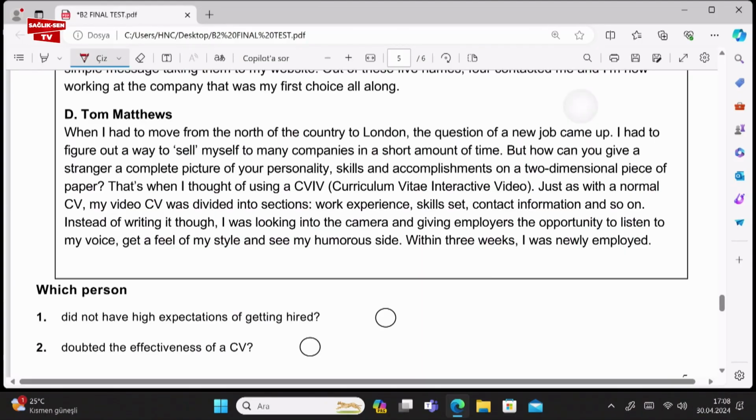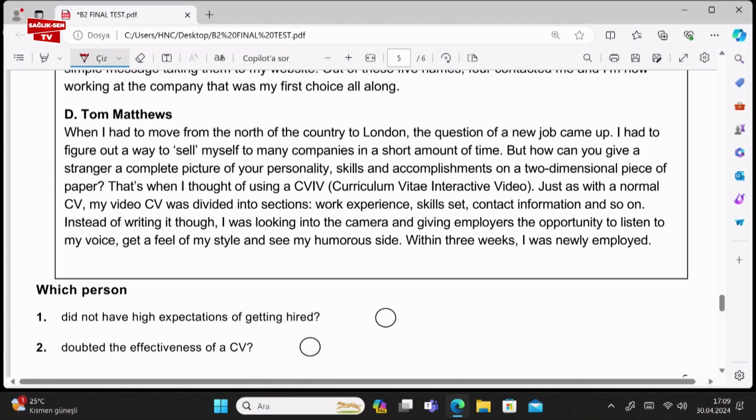Tom Matthews, the last person we have. When I had to move from the north of the country to London, the question of a new job came up. I had to figure out a way to sell myself to many companies in a short amount of time. But how can you give a stranger a complete picture of your personality, skills and accomplishments on a 2-dimensional piece of paper?